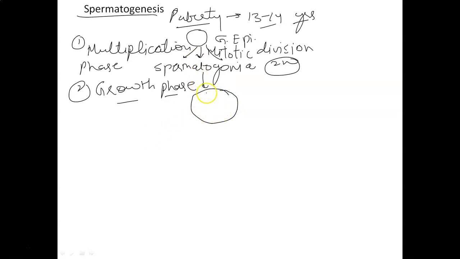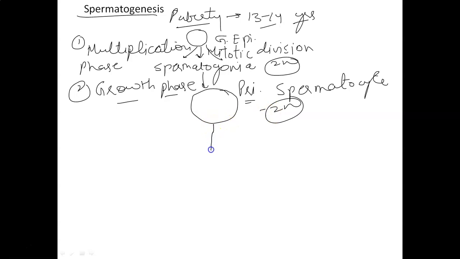The growth phase will result in differentiation of the primary spermatocyte. Only growth occurs, so the ploidy remains the same, that is diploid. The primary spermatocyte now undergoes differentiation, and this is actually the first differentiation, from where the meiosis starts.